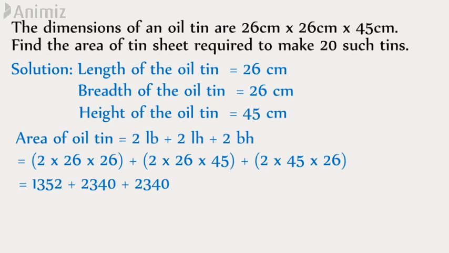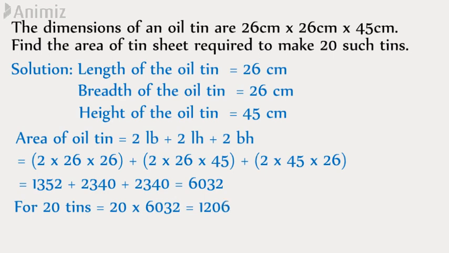Adding all these values, we get 6032 centimeter square, the area of one oil tin. Now we have to find the area of 20 such tins. For 20 tins, it is equal to 20 into 6032, we get 1,20,640 centimeter square.